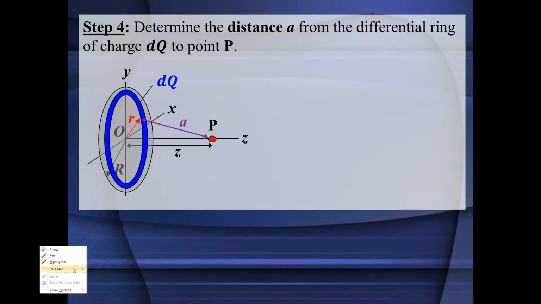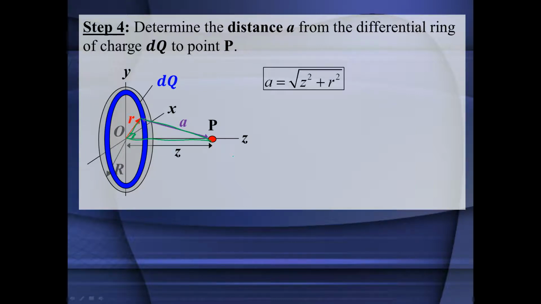And if we do draw that, I'm going to point out that even though it's tough to see here, this angle between r and z is a right angle. So we do have a right angle triangle that would look like this right here. It's a right angle triangle, just twisted along the z-axis. So we can write down an equation for a, and a would be the square root of z squared plus r squared using the Pythagorean theorem.